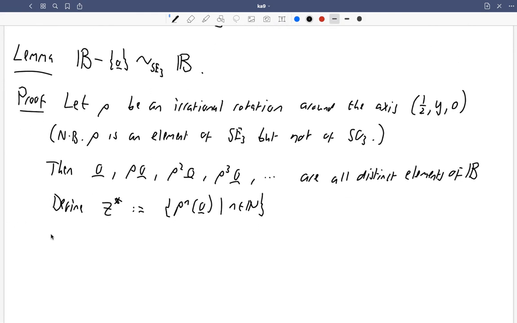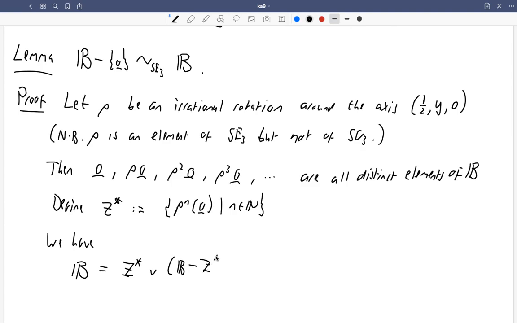And then we need to show that B is equidecomposable with B with the origin removed, but we can write B as a disjoint union of Z star together with, of course, B with Z star removed.